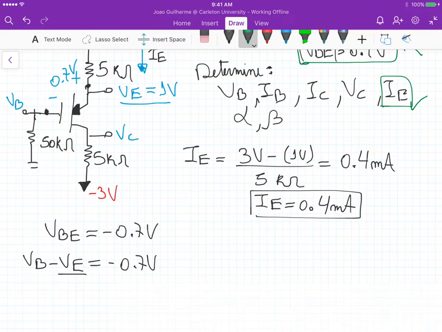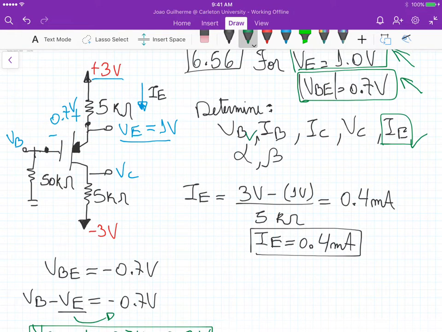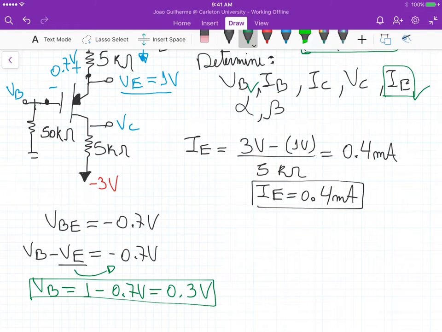So the base voltage VB is equal to VE, which in our case is 1 volt, minus 0.7 volts, and that's 0.3 volts. So now we define the base voltage. Now again, if we look at the circuit, we know this potential here, and we know this one here, which is 0.